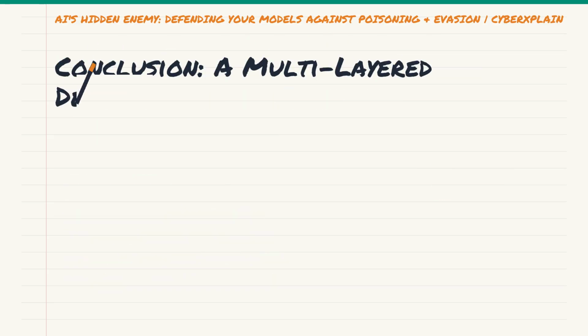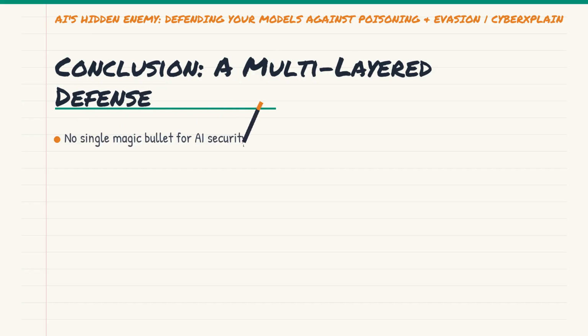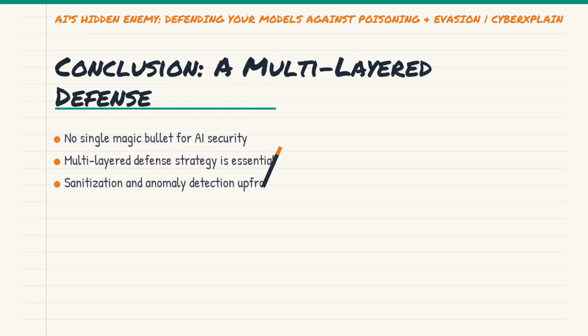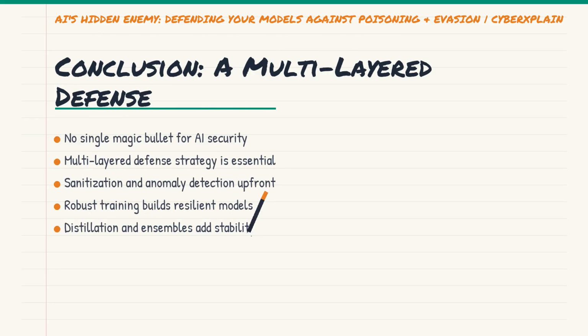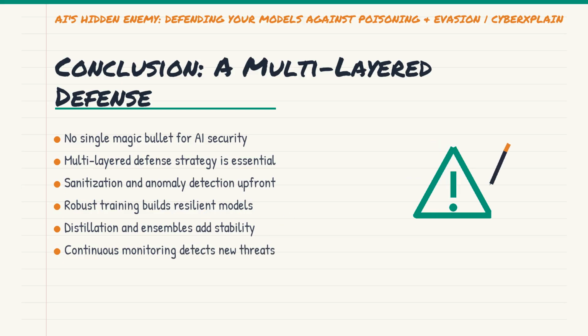Phew! We've covered a lot today, from data poisoning to evasion attacks, and a whole arsenal of defenses. The key takeaway here is that there's no single magic bullet for securing AI. Instead, it's about building a multi-layered defense strategy: strong data sanitization and anomaly detection upfront, robust training techniques to build resilient models, defensive distillation and ensembles for added stability, rigorous input filtering at inference, and continuous monitoring.